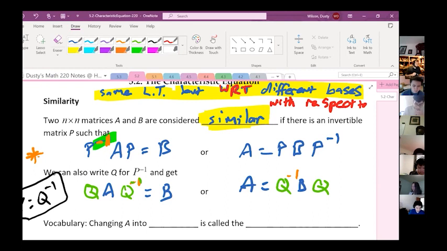All right. So if we want to change that matrix A, and we want to do a transformation almost to itself, so we don't want to change anything, then changing A into P inverse AP is called the similarity transformation.